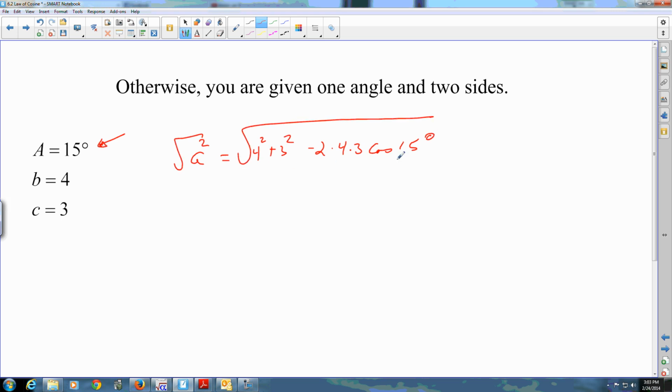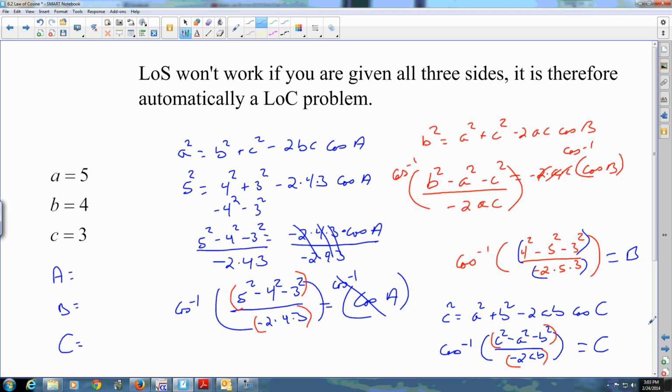You type it as you see it, start to finish: big old square root, 4 squared, and so on. Enter, and out pops side a. Once you have that, you can treat it like these and find angle B and angle C.